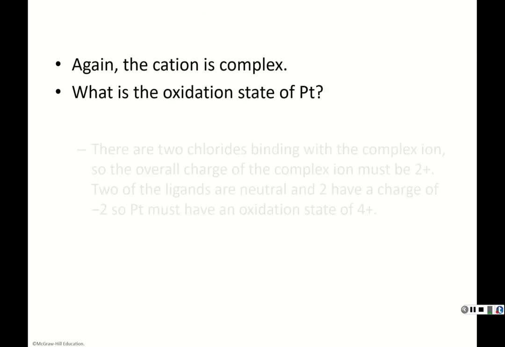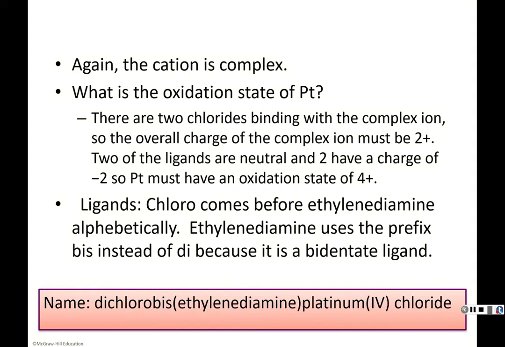Okay, so again, we're not seeing the formula. So here we have dichlorobis(ethylenediamine)platinum(IV) chloride. So our formula, we have a platinum, and it's in the +4 oxidation state. Dichloro means there are 2 chlorines on that, coordinating it.